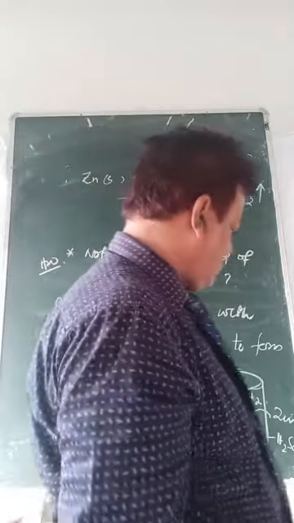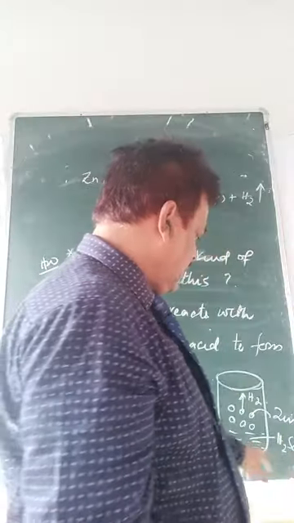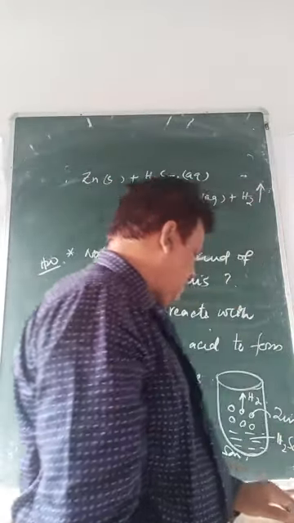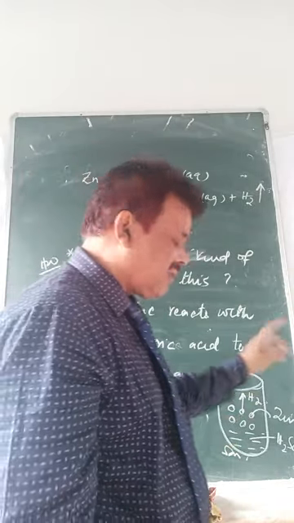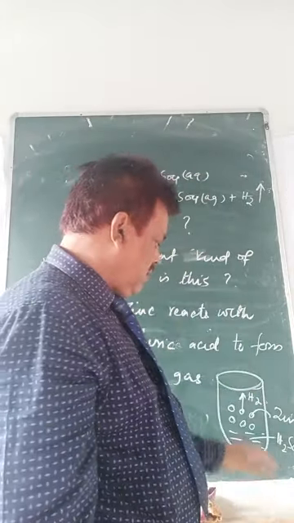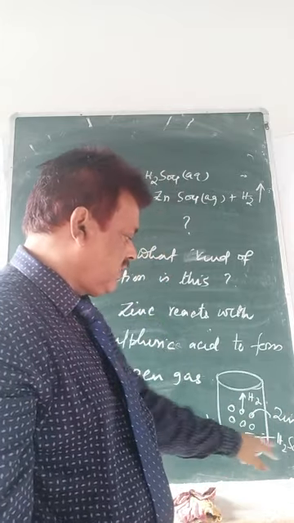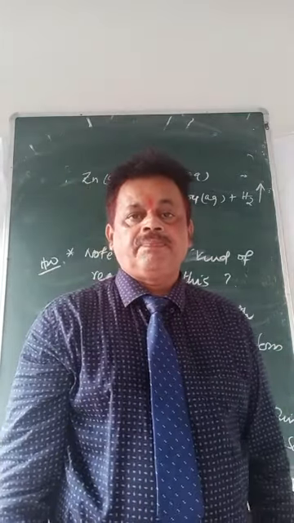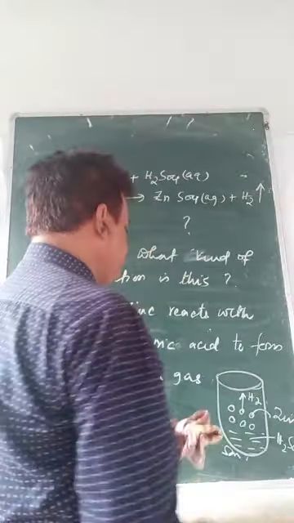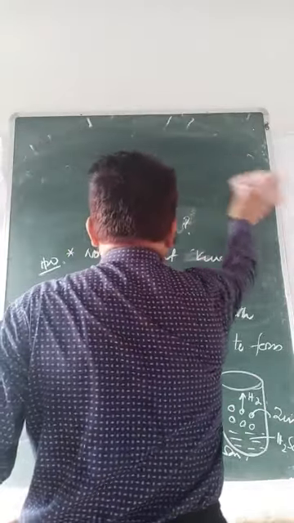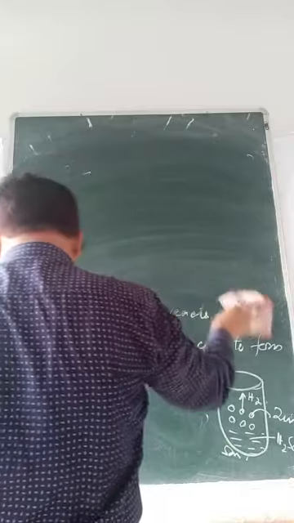Okay, now the question is, when you are putting zinc in the hydrochloric acid, you are finding the gas is evolved. Are all the metals reactive with hydrochloric acid or not? So that we will verify here. So that is the question.